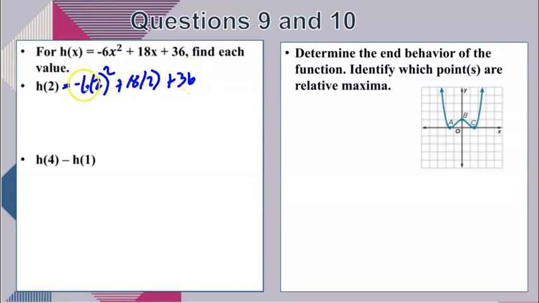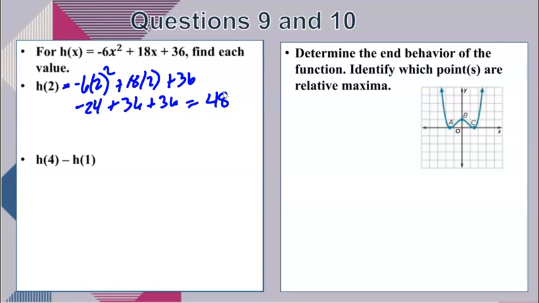This will be 4 times negative 6, which is negative 24, plus 36 plus 36. 36 plus 36 is 72, and 72 minus 24 is going to give us 48.